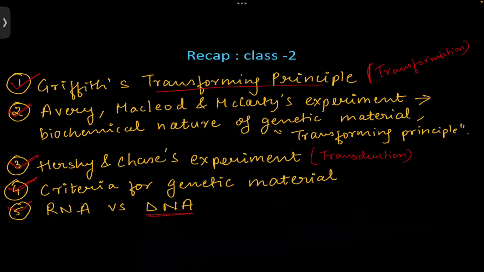And lastly, genetic material should allow the introduction of some changes, but these changes should happen slowly. These changes are what we call mutations, which we'll talk about in more detail in this chapter. Mutations are the seed for evolution, which we'll again cover in the next chapter. So these were the few things that we saw in the previous class.